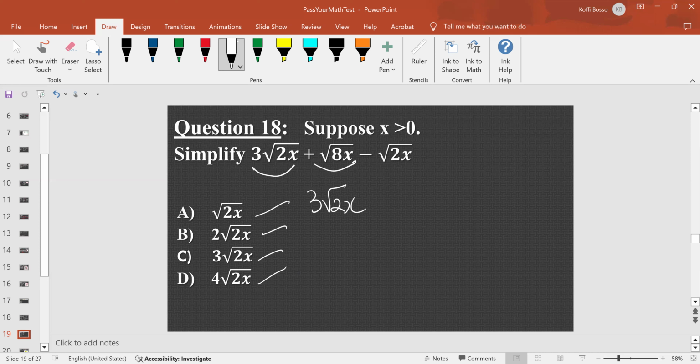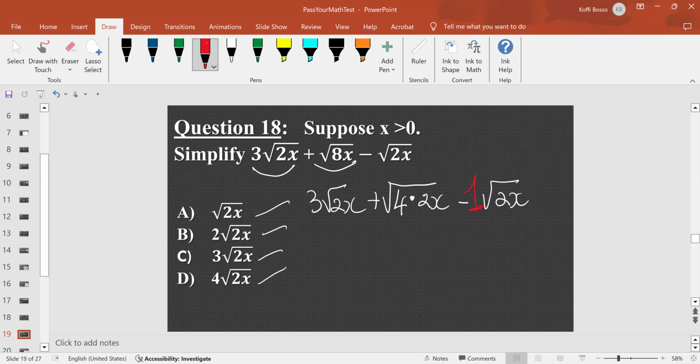Yes. How to do that? Understand that the square root of 8x is like a square root of 4 times 2x, because 4 times 2 is 8. Minus, we have a square root of 2x. But this square root of 2x is like 1 square root of 2x. When you don't have a number outside, it means that it's an invisible 1.